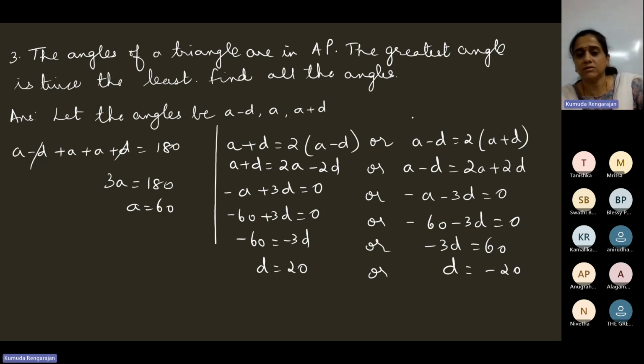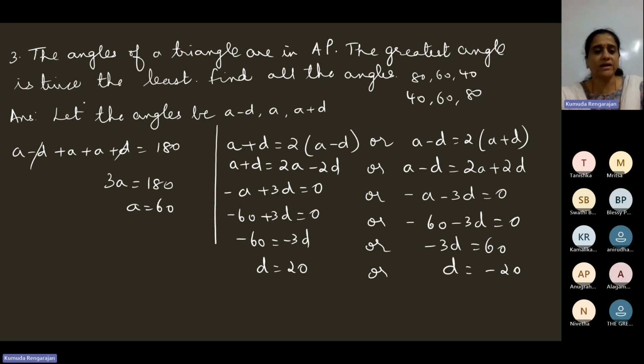See, 40, 60, 80, 80, 60, 40. That's why we took both the cases. The greatest angle is twice the least. If the angles are in AP, the numbers will be in increasing order or decreasing order.